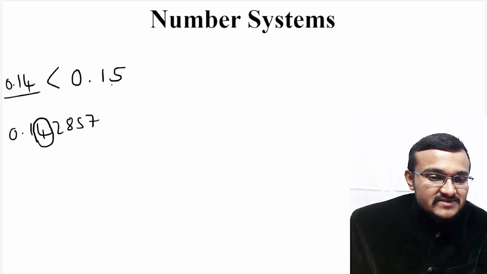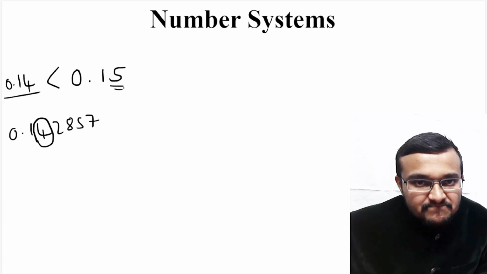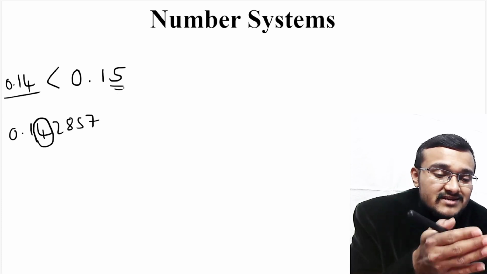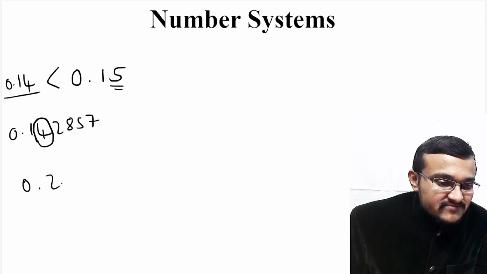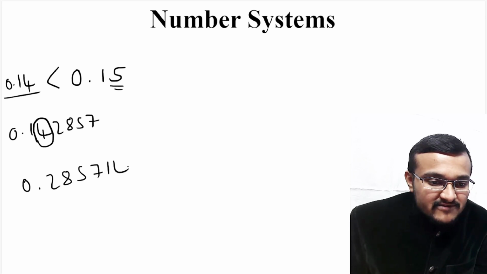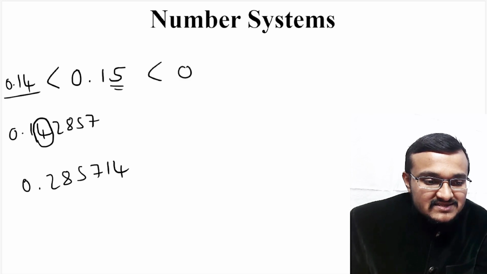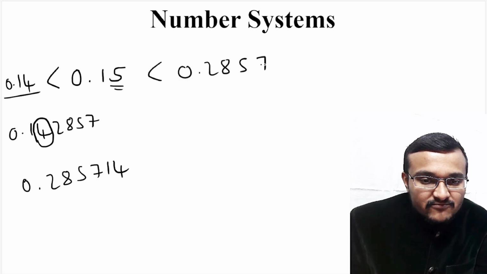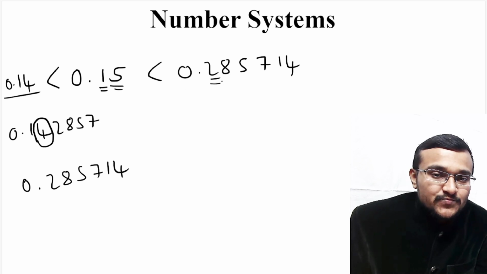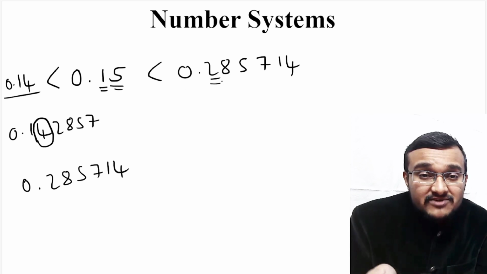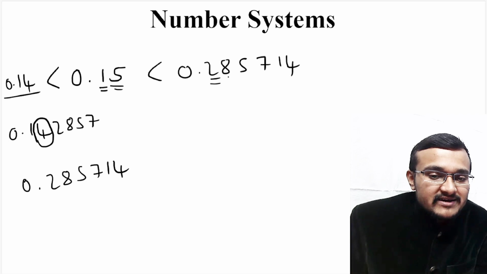Just do the increment of this particular number, that is 5. So now you got the number which is greater than 0.14, and if you compare this with 0.285714, this particular number is less than 0.285714, because here you have just 0.1 and here you have 0.2. So that means this particular 0.15 is less than 0.285714.